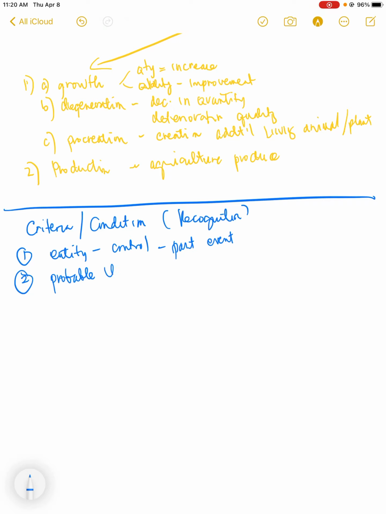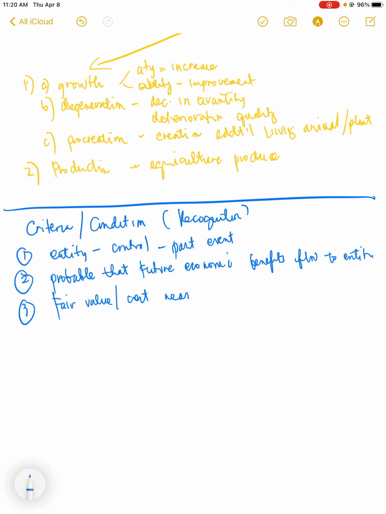So probable that our future economic benefits will flow to the entity. And of course, aside from that, yung panghuli, of course, yung measurement of fair value or the cost, it must be measured reliably. So these are the three conditions or criteria that must be satisfied before the recognition of our biological assets.